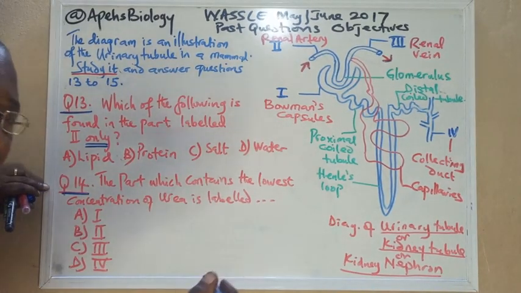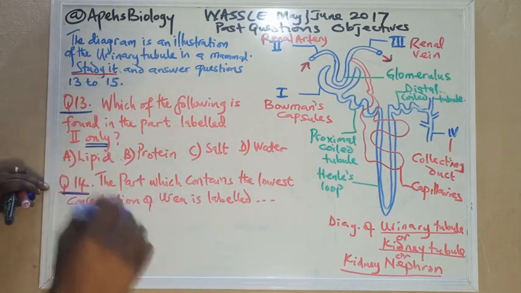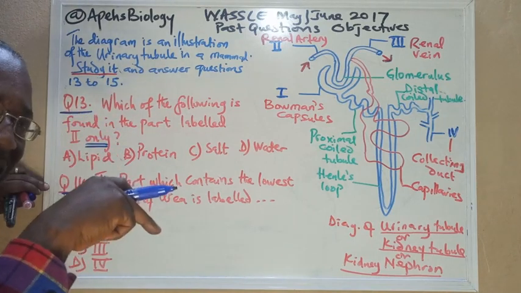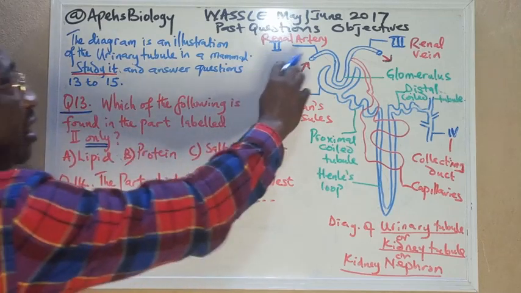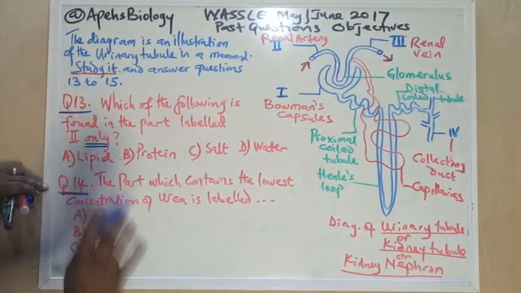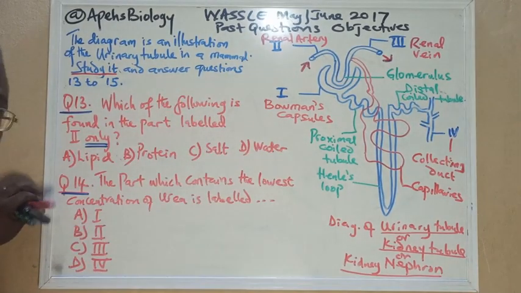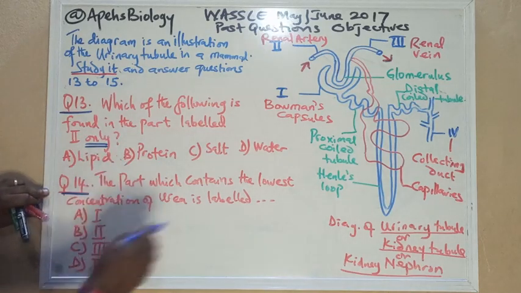And when we take food that contains fat and oil, it is absorbed into what is called the lacteal that is located inside the villus of the small intestine. So definitely, this is not part of the answer. Lipid cannot even be part of the answer because the moment lipid enters there, that means we'll be urinating oil, which is impossible. Okay? Now, let's go to the second part.